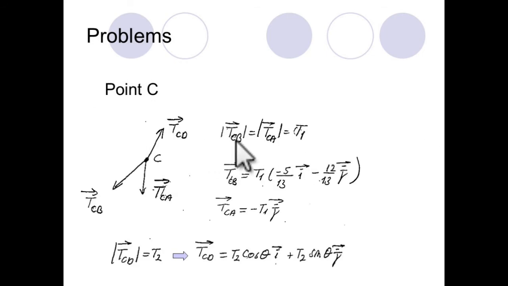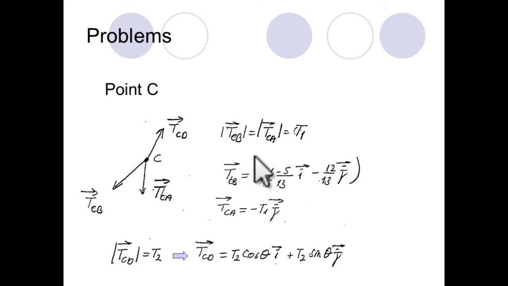Now we have the tension in the cord from C to B and the tension in the cord from C to A, and their magnitude has to be equal to T1. Now certainly we have a tension from C to D, and we call this TCD.